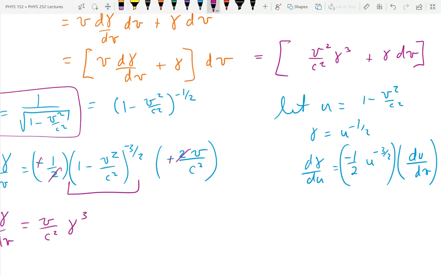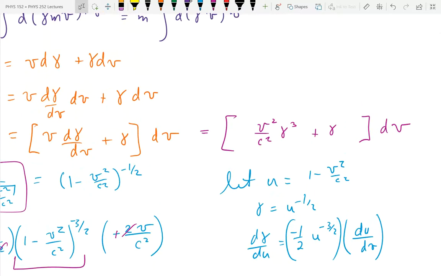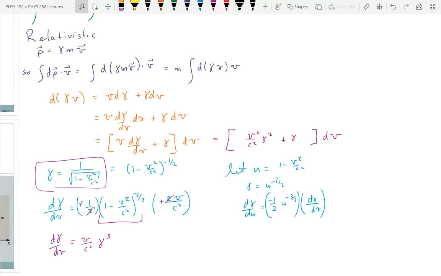Isn't the dv on the outside of the parentheses? Yes, it is. Thank you. Well, what can I do with this? I'm going to come back up and put it all together then.